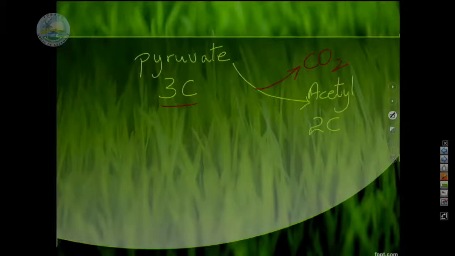So you will have NAD becoming NADH plus H plus, right? So what is happening here? It's reduction that is happening.